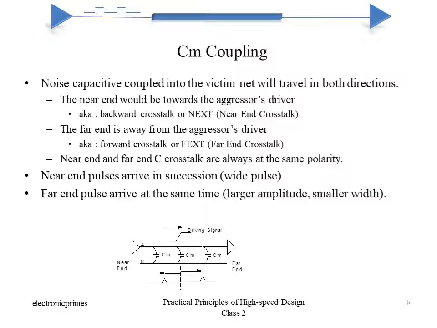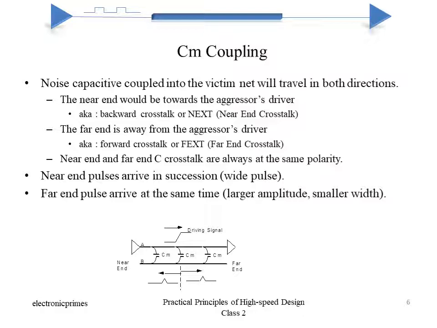Mutual capacitance coupling. A noise capacitively coupled into the victim net will travel in both directions. The near end is towards the aggressor driver, also known as backward crosstalk or NEXT, which is near end crosstalk. The far end is away from the aggressor driver, also known as forward crosstalk or FEXT.